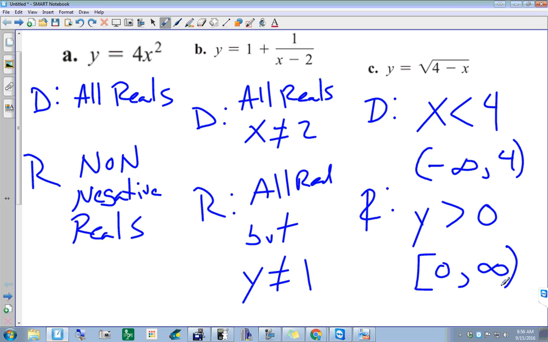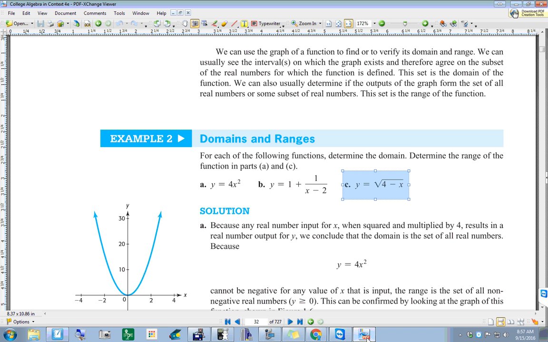It takes a little bit of time to sit there and look at what's domain, what's range, and to play the mental gymnastics to figure it out. Graphing calculator can help. It just takes time to go through and do these things. So, domain and range.